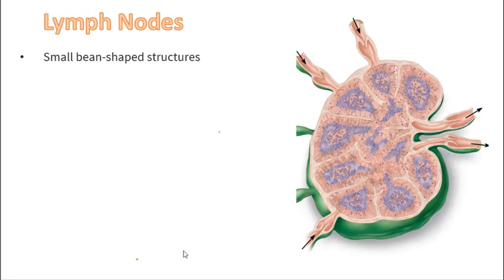Lymph nodes. What is the shape? Lymph nodes are small, kidney-shaped or oval structures. Each lymph node is surrounded by fibrous connective tissue. This green one that you see over here is the fibrous connective tissue.